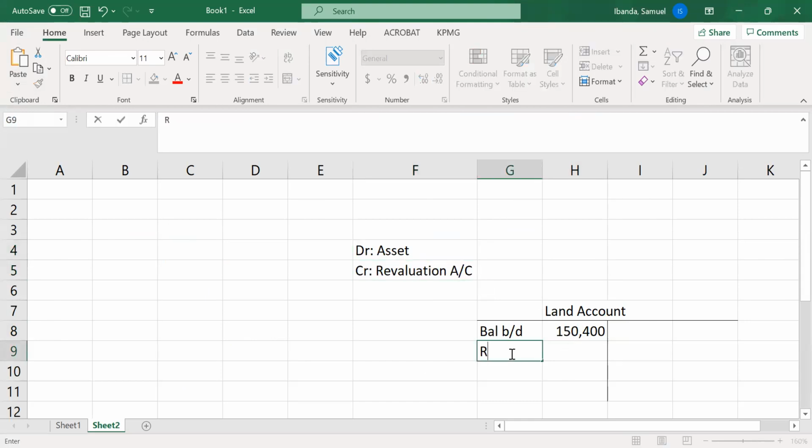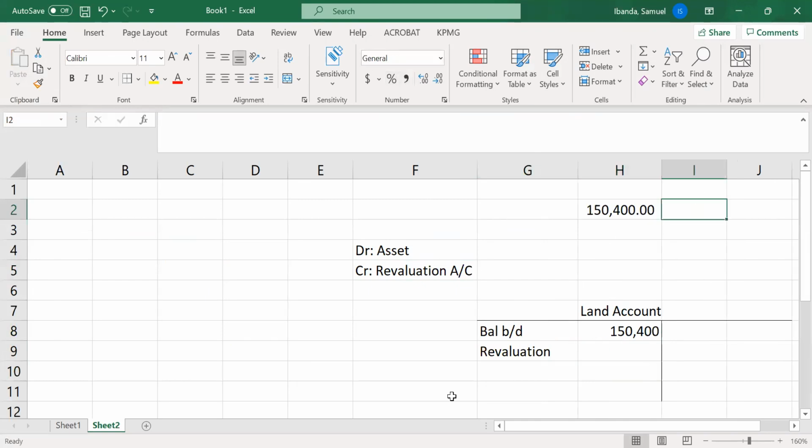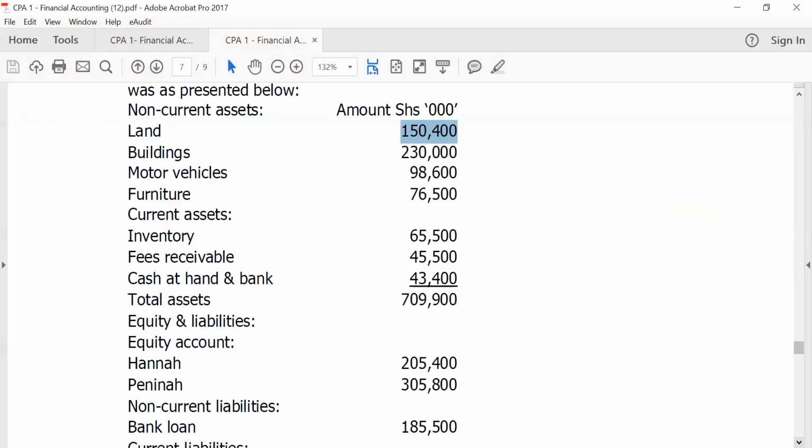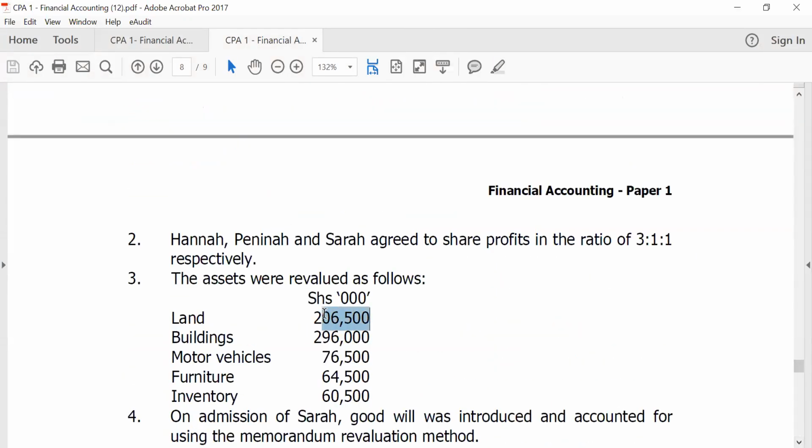So we shall have revaluation. Now, we see very well that the original value is 150. Now here you press your calculator, and the value at which this is being revalued to is 206,500.